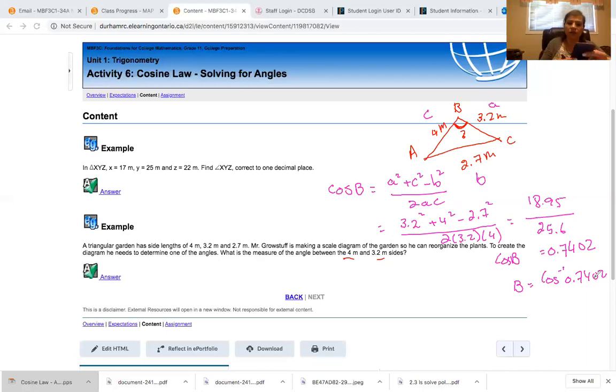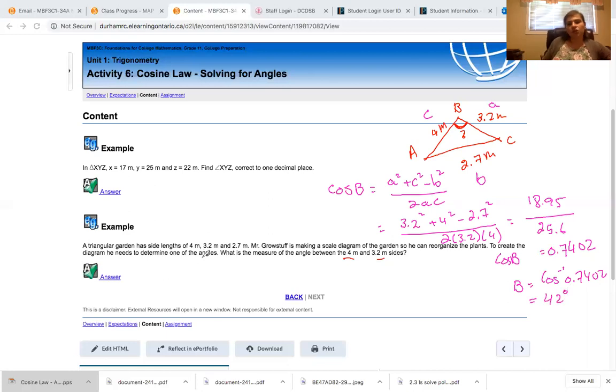So I'll do shift and then I press the cosine button, because once I press the cosine button, that will be the cosine inverse. On top of the cosine, you see the cosine to the power of -1. So I'll do shift cosine inverse of 0.7402, and that's going to give me 42 degrees.